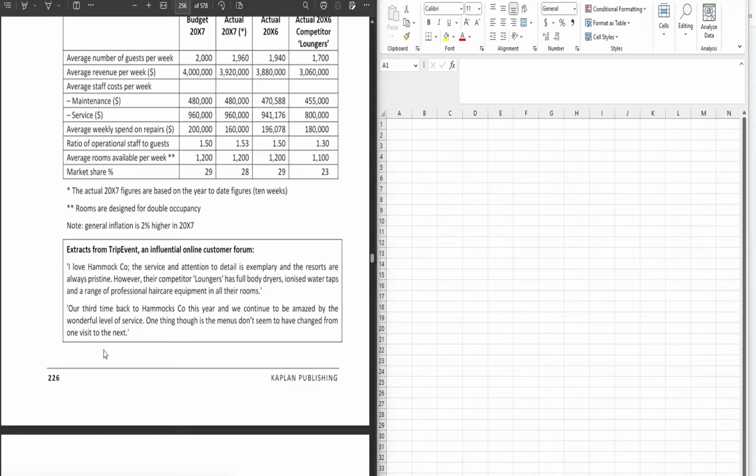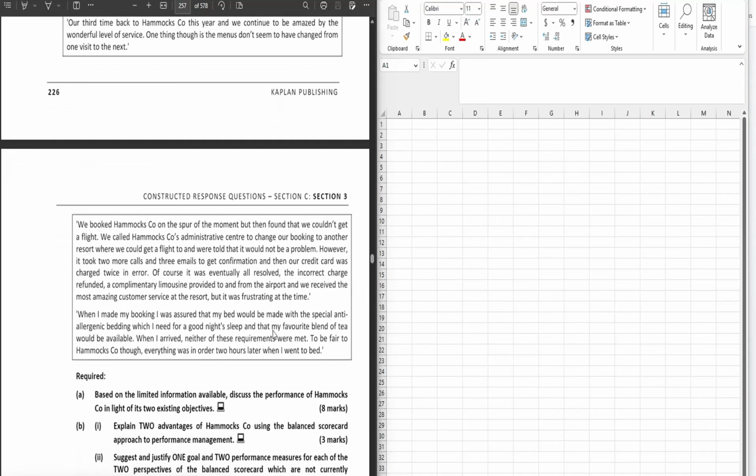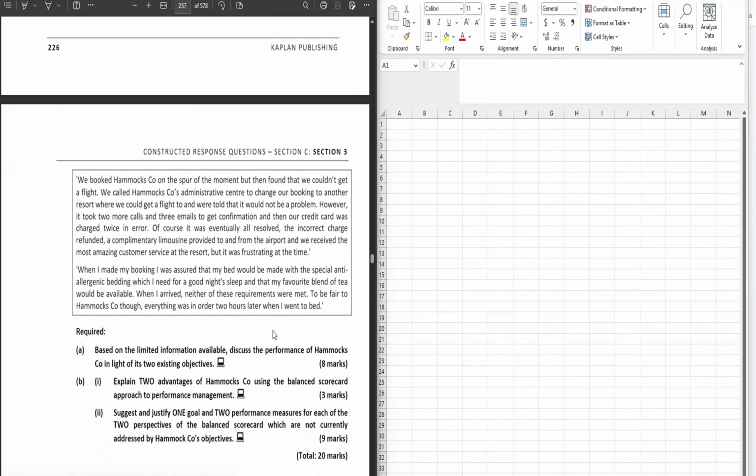Our third time back to Hammock Company this year, we continue to be amazed by the wonderful level of service. One thing though is the menus don't seem to have changed from one visit to the next. We booked Hammock Company on the spur of the moment, but found that we could not get a flight.